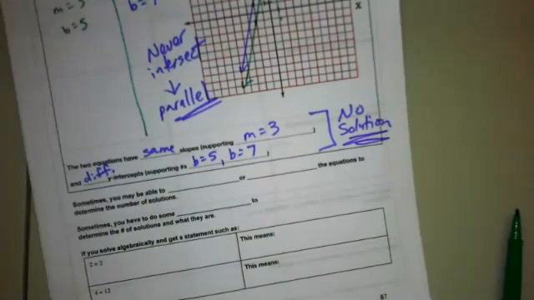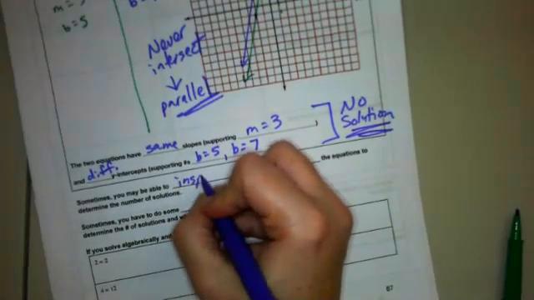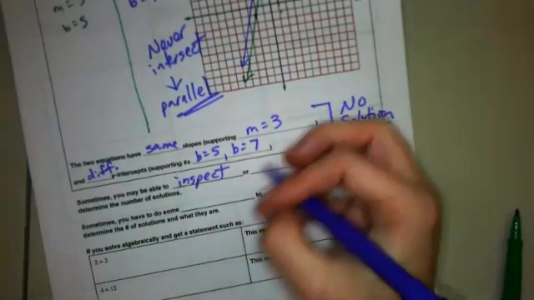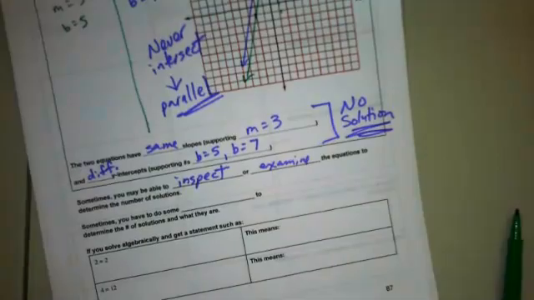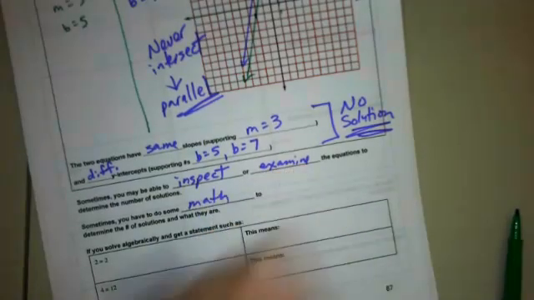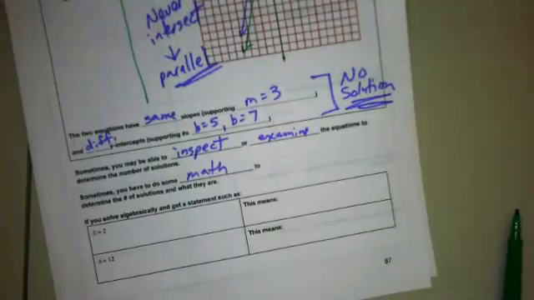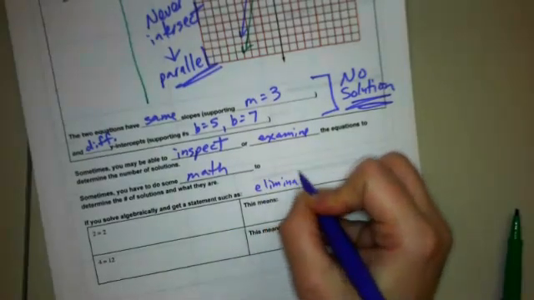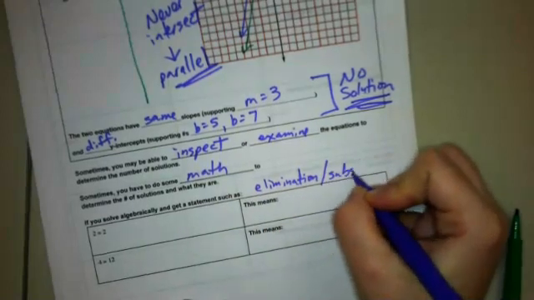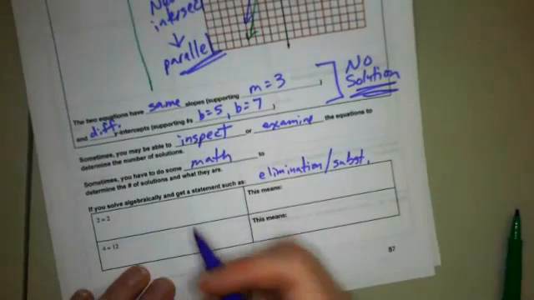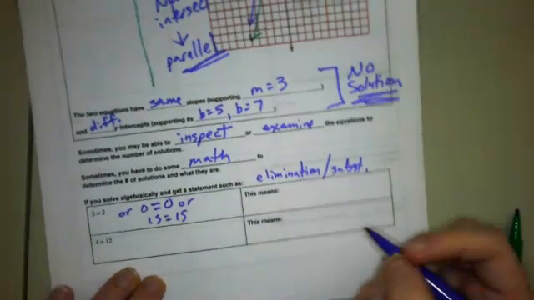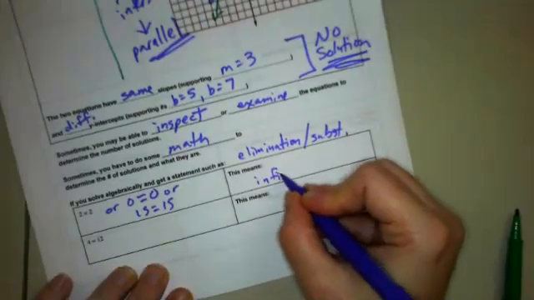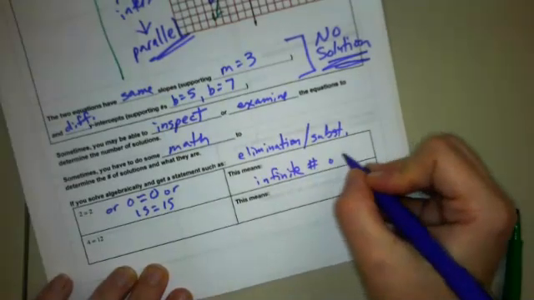So our takeaway: sometimes you may be able to inspect, which means look at or examine, the equations to determine the number of solutions. Sometimes you have to do some math to determine the number of solutions and what they are. If you're solving algebraically, using elimination or substitution, and you get something like 2 equals 2 or 0 equals 0 or 15 equals 15, that means there's an infinite number of solutions.